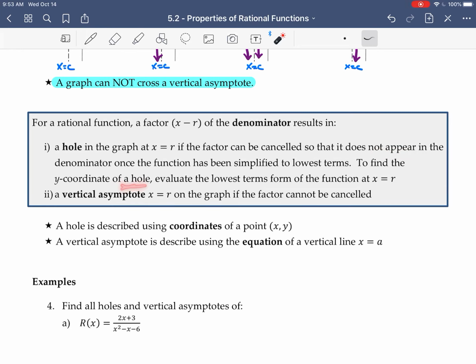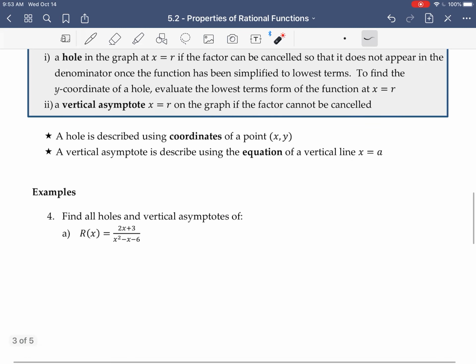Then we get a hole. To find the y-coordinate, we evaluate the lowest terms version at x equals r. Now if it cannot be cancelled, that's when we get the vertical asymptote. So we describe the hole using the coordinates of where it's missing, and the vertical asymptote we describe with the equation of the vertical line.